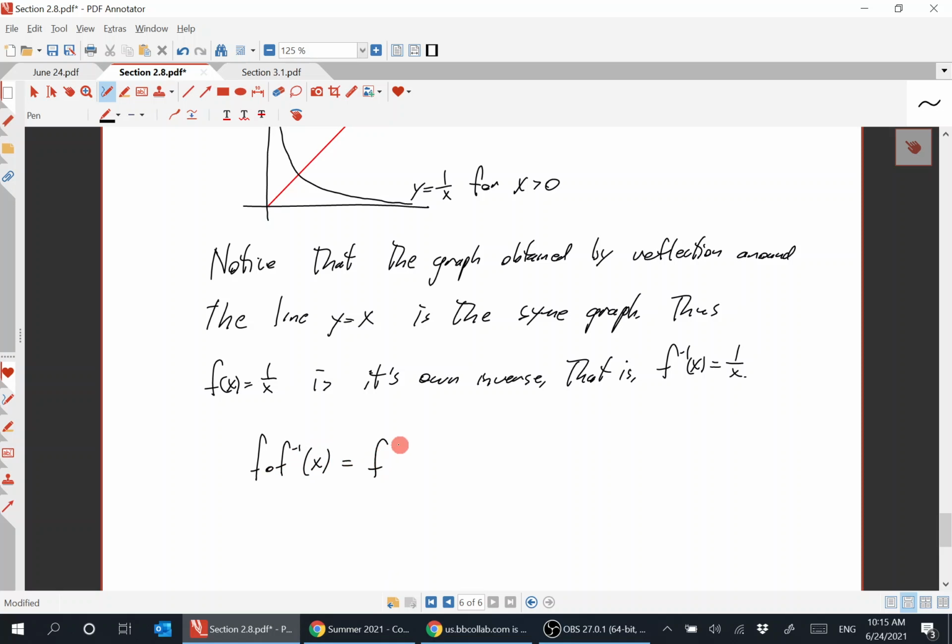F of f inverse of x: well, f inverse is 1 over x, but f of 1 over x is 1 over 1 over x, which is just x. Right, it's the numerator times the reciprocal of the denominator, but that's all just x. Same thing the other way around.